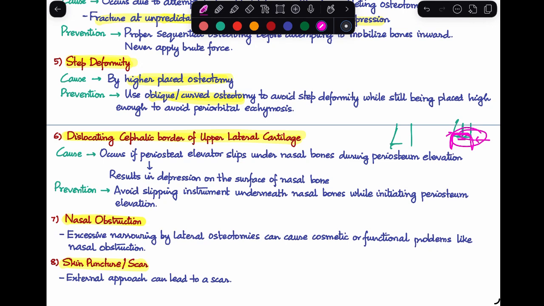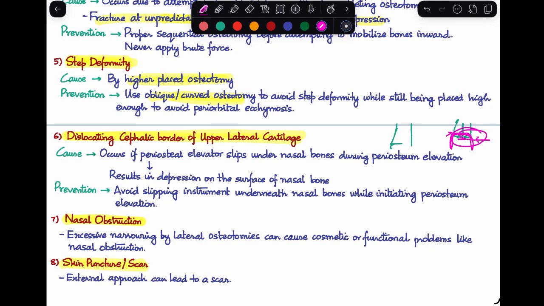Next is nasal obstruction. I mentioned to you in the beginning that when you're performing a lateral osteotomy, what you're essentially doing is moving the lateral bony wall inwards. So we are basically narrowing the nose, and there's going to be some extent of narrowing of the airway.